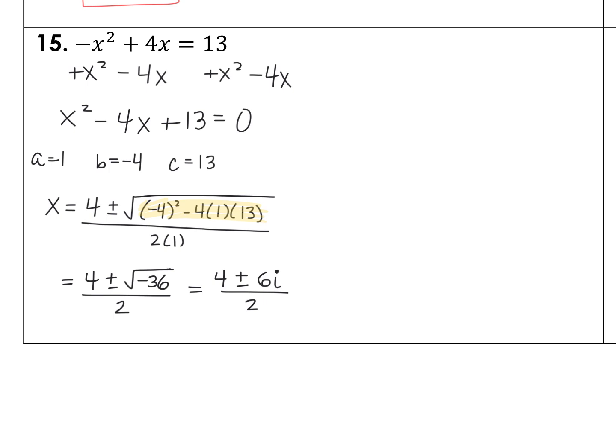And you're not done because now you got to look at the triangle. 4, 6, and 2. All divide by what? 2, so reduce it. 2 plus or minus what? 3i. If you need to do this in fewer steps, like do I root 36 and then write it as 6i, that would have been fine. I am skipping steps now because we've done i in imaginary numbers for a long time.